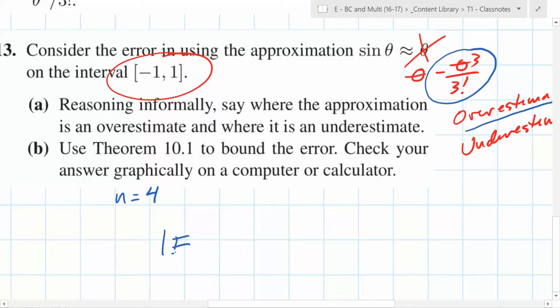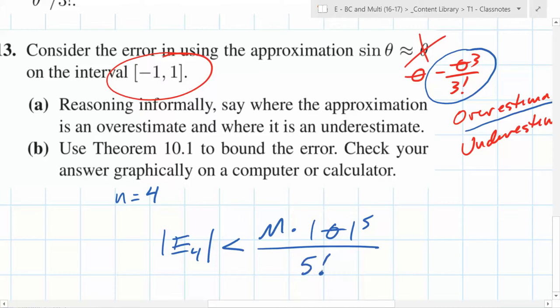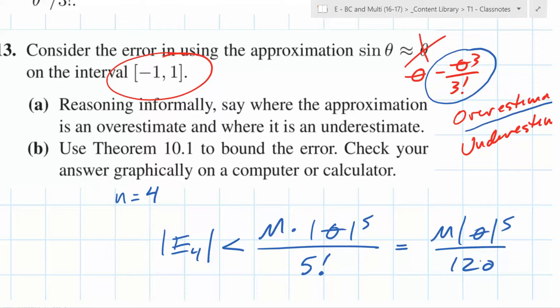So if n equals 4, what are you writing here? You know that E4 is going to be less than m times what? Theta to the 5th all over 5 factorial, correct? Which is the same thing as m theta to the 5th over 120, right? Is that correct? Mm-hmm. So the question is, what's the interval?